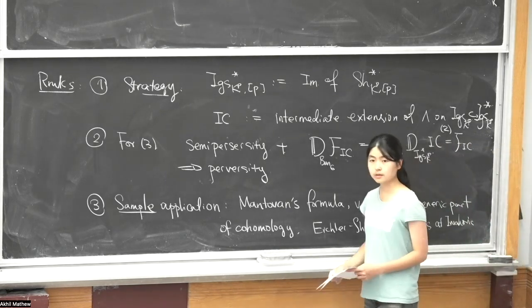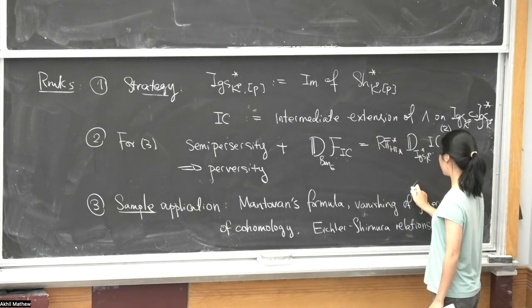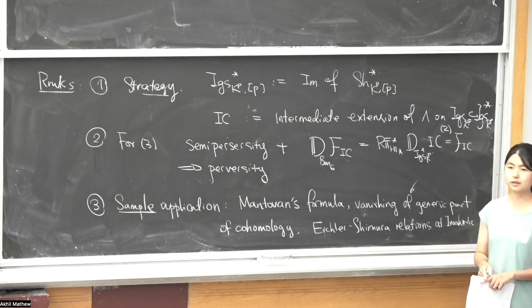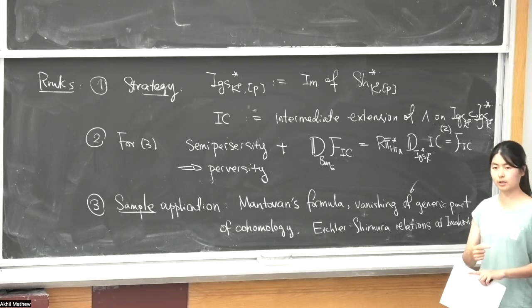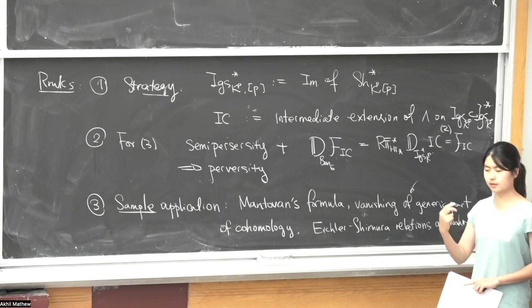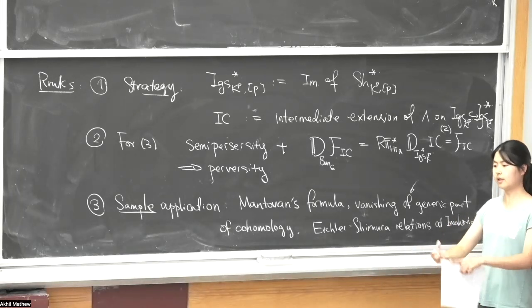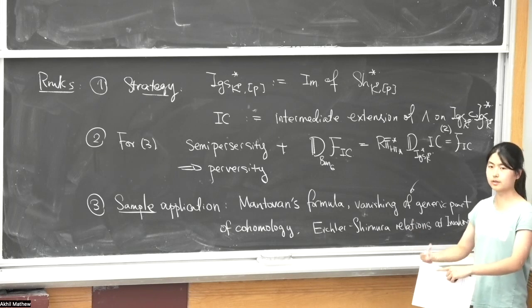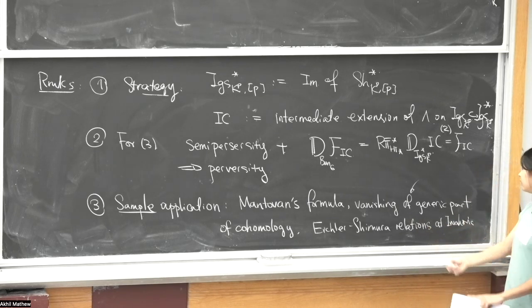This generic vanishing is for non-Eisenstein? So this is a slightly different setup. The non-Eisenstein condition you mentioned is in the original Caraiani-Scholze setup, where you look at the action of the global Hecke algebra, and then you look at some maximal ideal of the global Hecke algebra, such that it has an attached global Galois representation, which is absolutely irreducible, and then you can say that this is a non-Eisenstein maximal ideal.